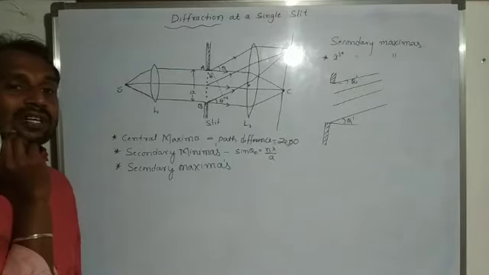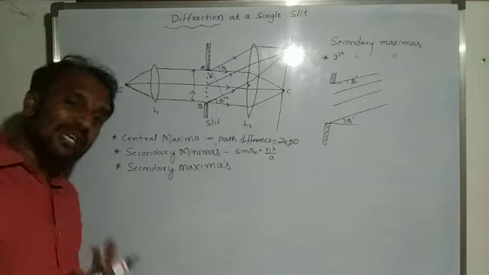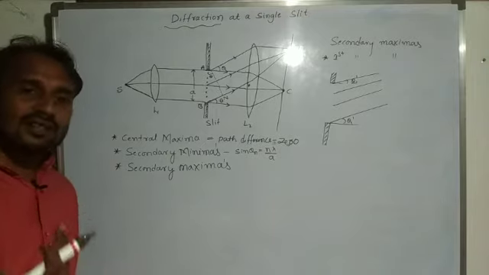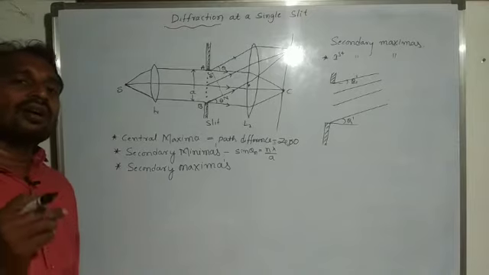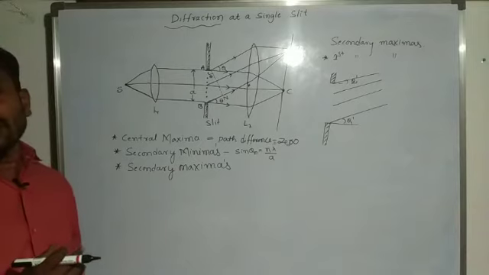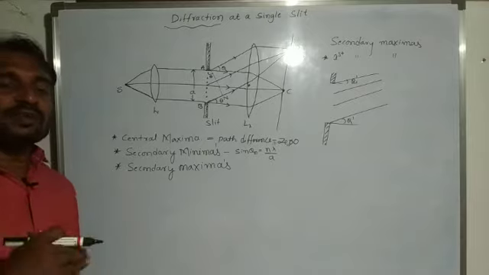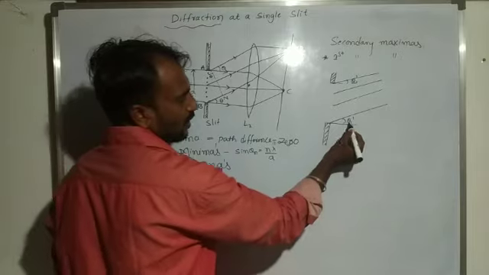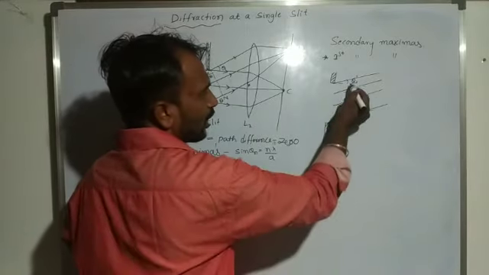Because theta 1, theta 2, theta 3 we already considered for secondary minimas: first secondary minimas, second secondary minimas, third secondary minimas. And here we consider theta 1 dash, theta 2 dash, theta 3 dash. These represent secondary maximas. It means first secondary maxima, second secondary maxima, third secondary maxima. For this reason, here we consider theta 1 dash. So this slit is made into 3 equal parts.